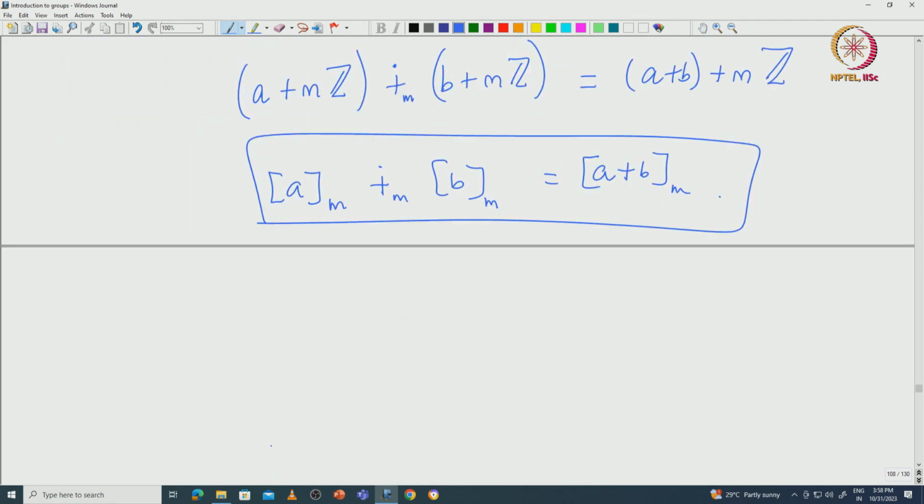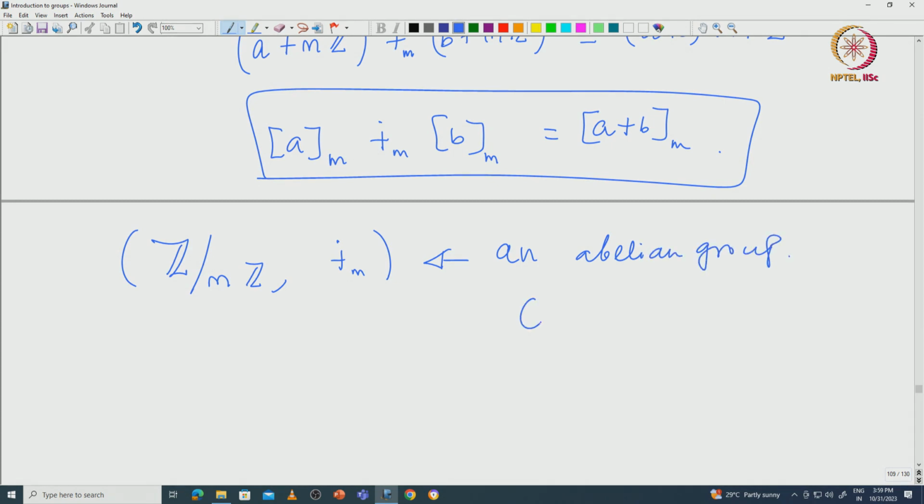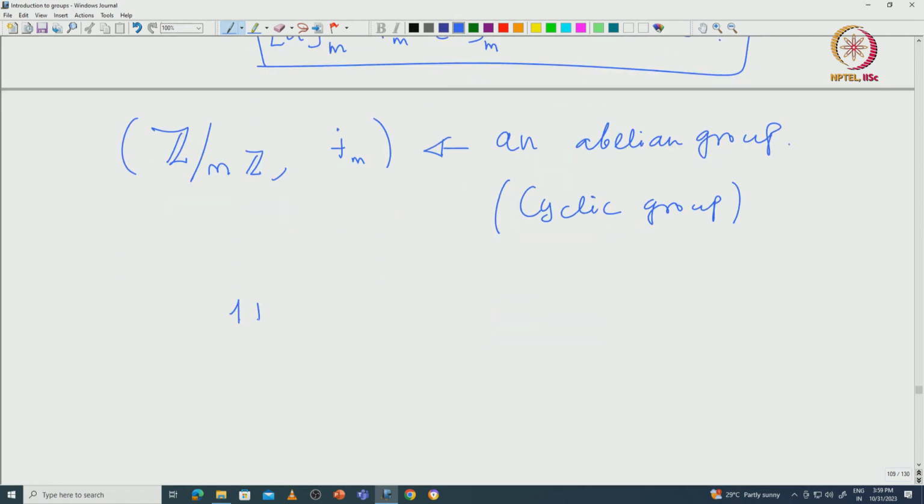Now what we want to say is that Z modulo MZ with respect to this addition forms a group. This is indeed an abelian group. Later we will see this is indeed a cyclic group, because this 1 plus MZ, which is the same as the class 1, generates Z modulo MZ.